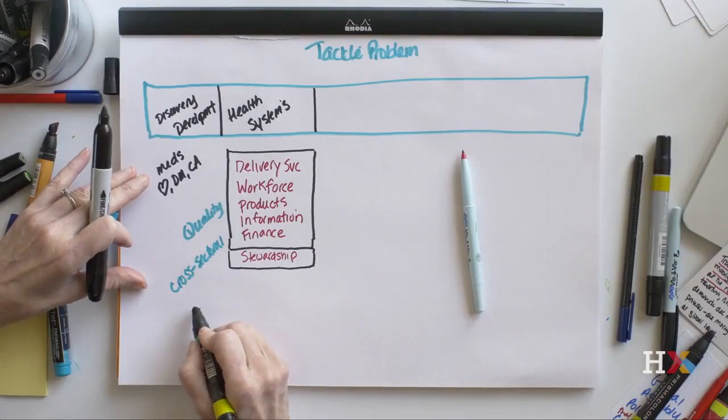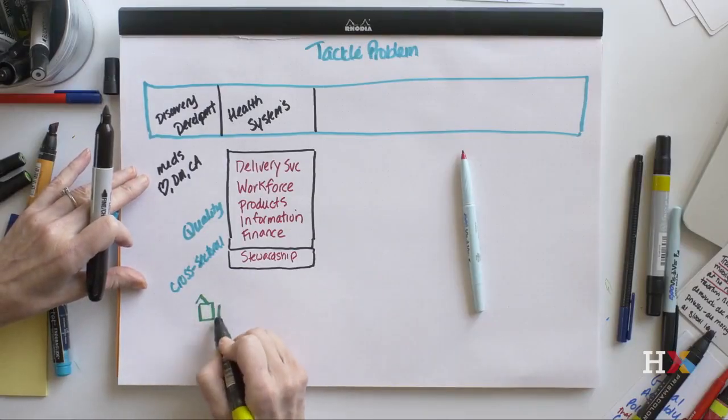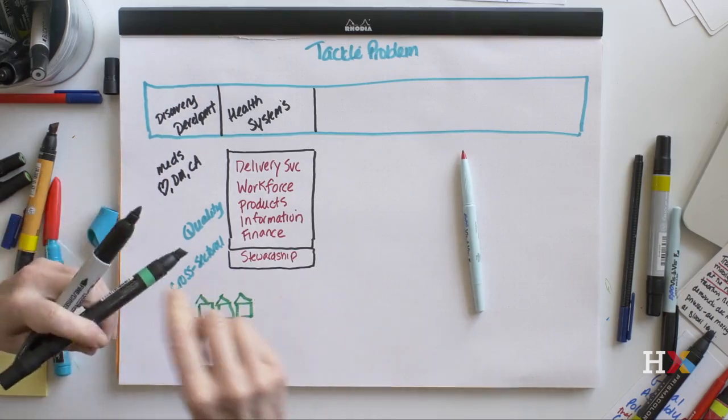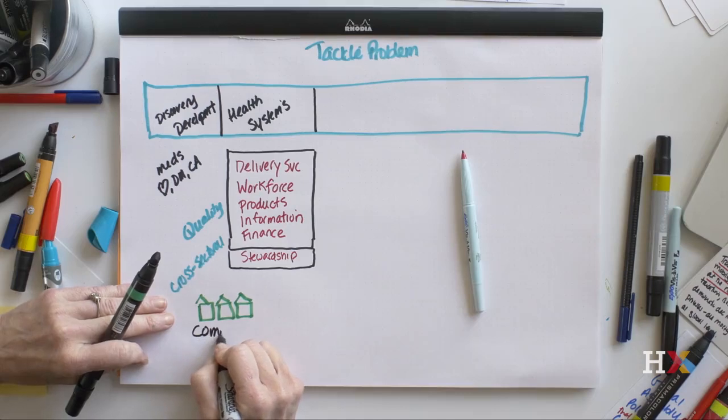Well, just a few moments ago, when we talked about the nature of chronic diseases, we drew that long line and we showed in utero all the way to adulthood and the elderly, and that was that long lifespan. And that's a good moment for us to think about the levels of a health system. So we're going to need to have different levels in order to intervene at different time points. So right here, I'm just going to draw a little picture that's going to remind us that there's a community level.